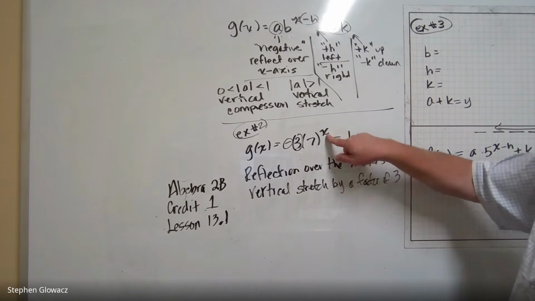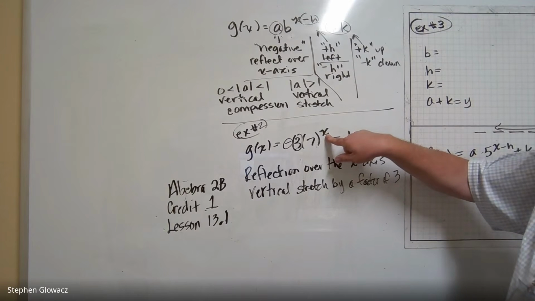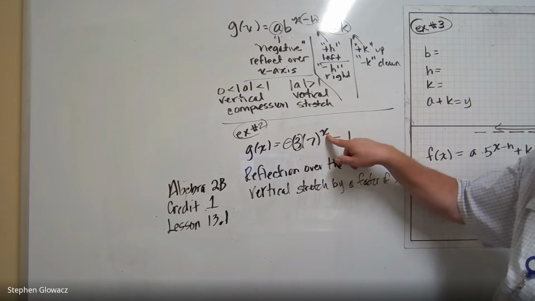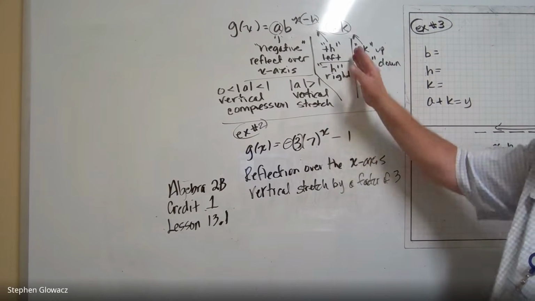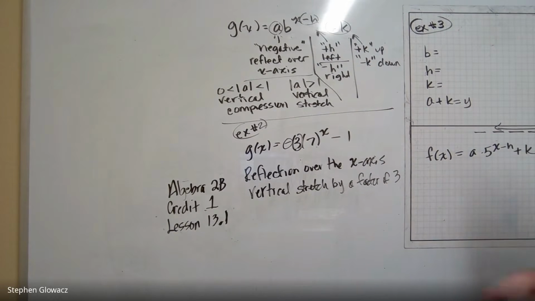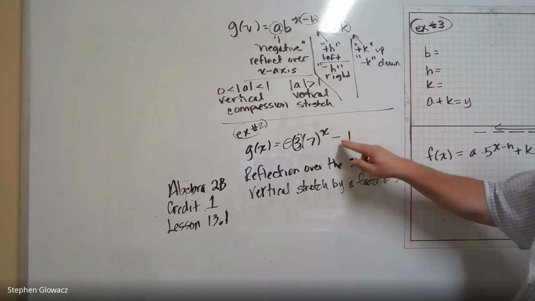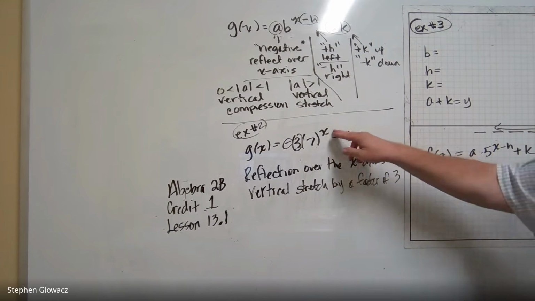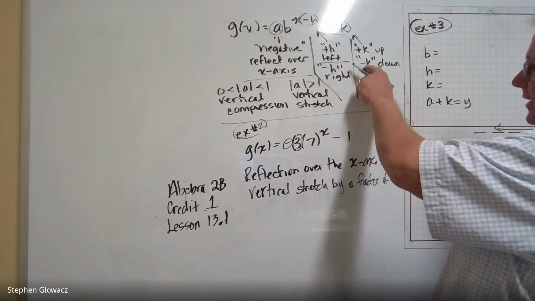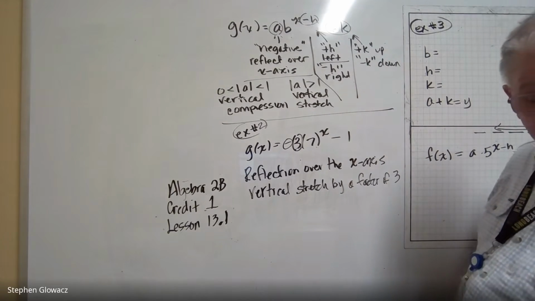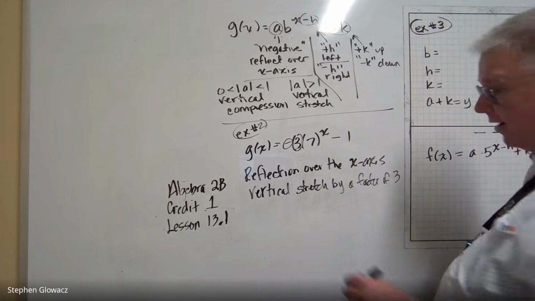Now notice there's just x here. There's no number. Well, I guess you can say there's a 0. But if h is 0, we're not concerned with any left or right transformation. So the only other thing to concern ourselves with is this minus 1 that is not with the x. It's outside the exponent, so that's in the position of k. Minus moves us down. So that will translate the graph down 1 unit.